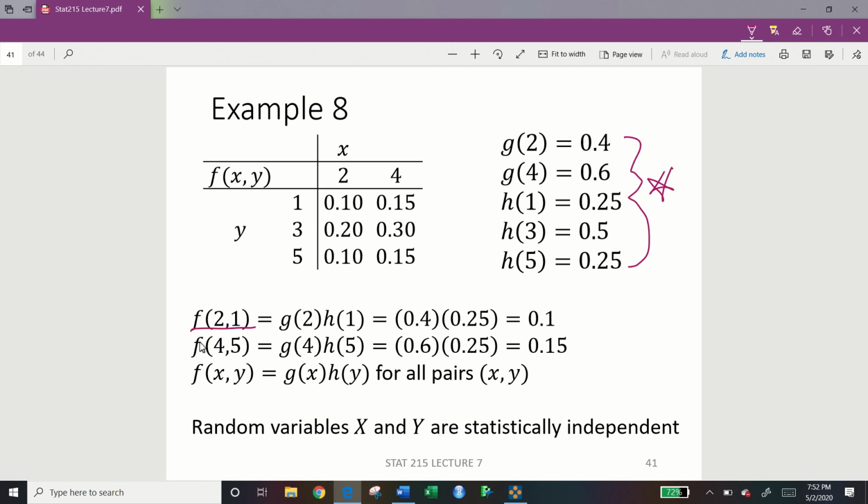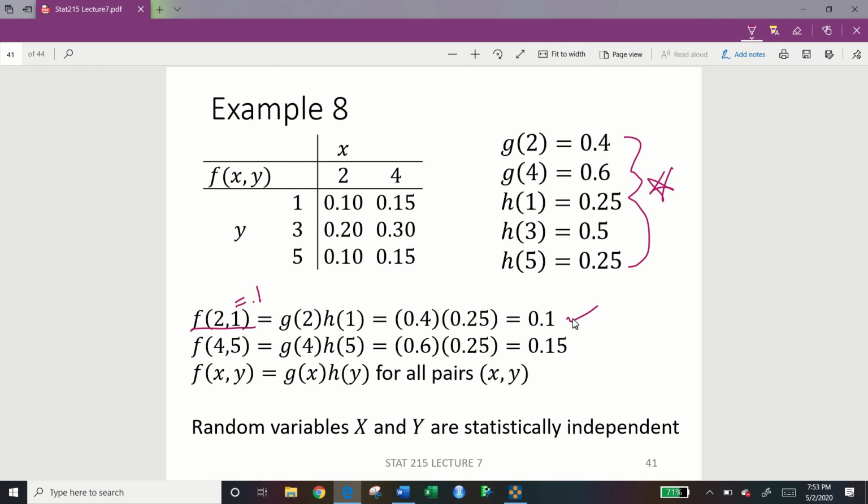From our table, we know that f of 2 comma 1 equals 0.1. If it's statistically independent, then g of 2 multiplied by h of 1 will also have to equal 0.1. Let's double check. G of 2 equals 0.4, h of 1 equals 0.25, multiplied together, and yes indeed, we have 0.1. So we have independence.